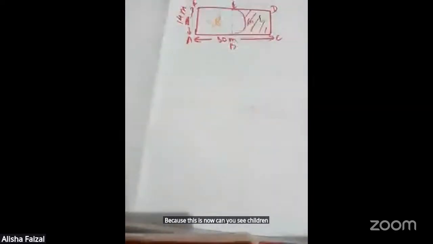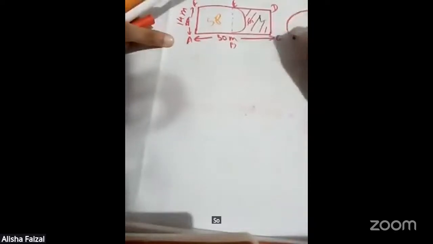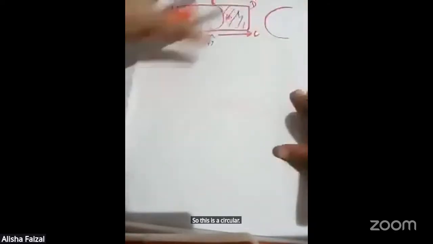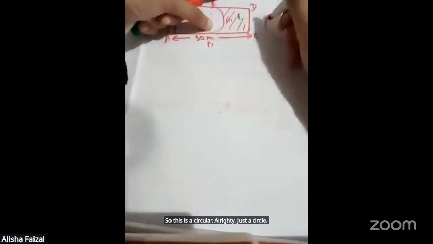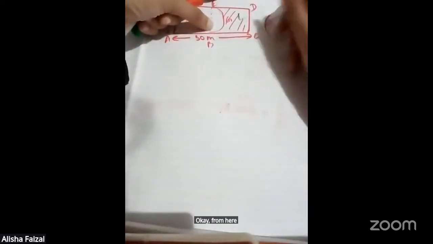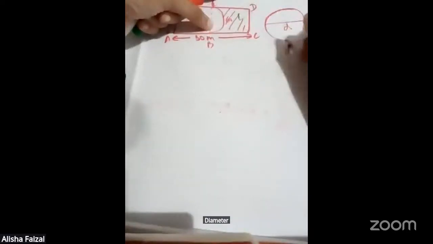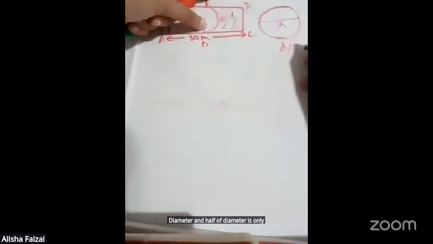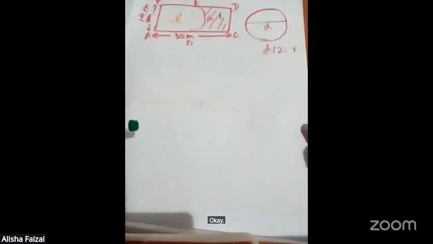Wait, let me show what the diameter and radius are. So this is a circle. From this end to this end, you call it the diameter. And half of the diameter is the radius.